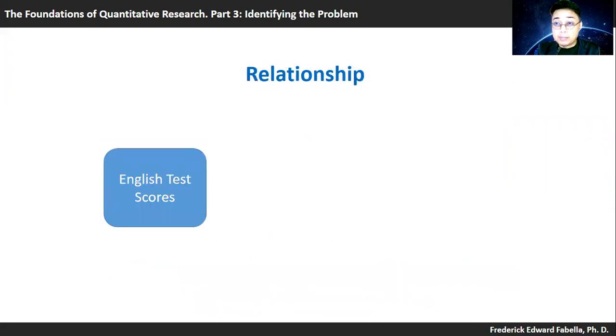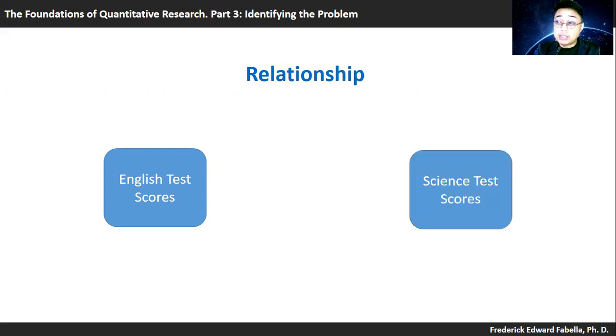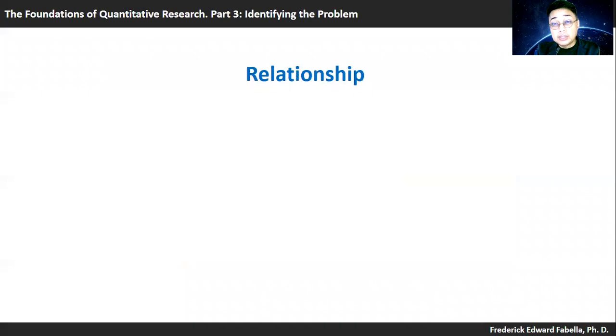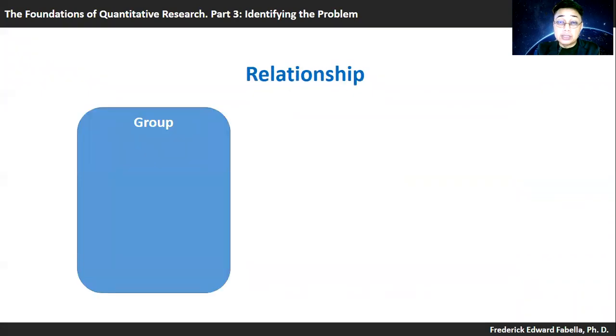All right, now let's consider another example wherein your first variable happens to be English test scores, and your second variable is science test scores. So you want to find out whether the English test scores of people affect their science test scores. How will you come up with the idea of testing that? What you do is you get a group of people.